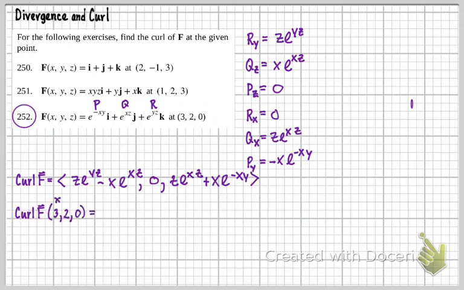Now what we're really looking for here is, remember, at 3, 2, 0. So I have my x, my y, and my z there, and I'm just going to plug those in here. So for my first one, then my z is 0, so that's all going to be 0. And I'll just write it in there so you can see it all together.